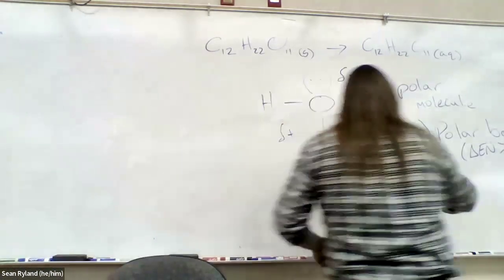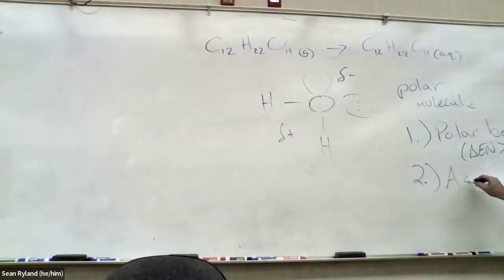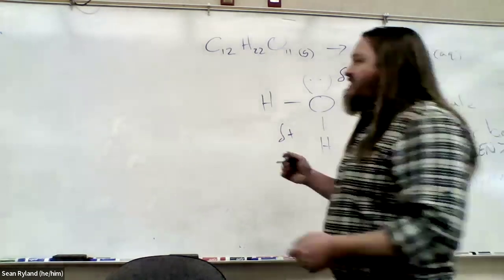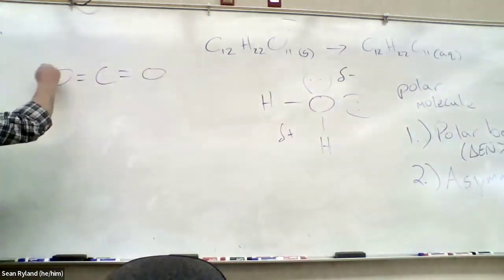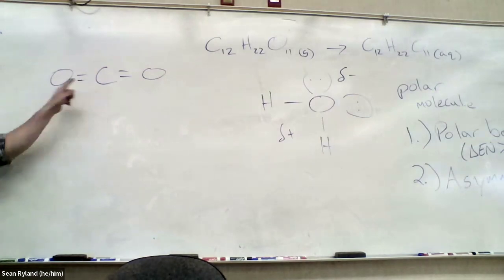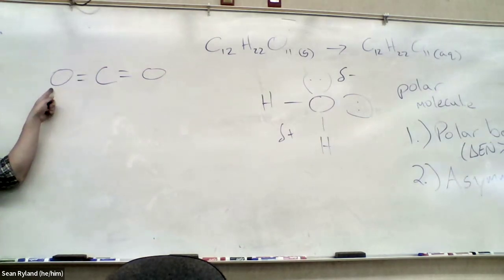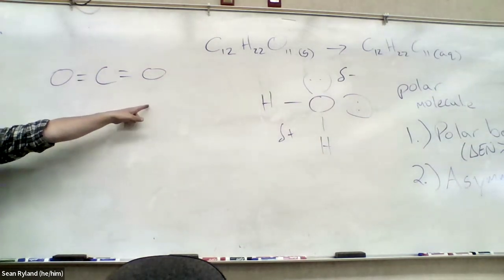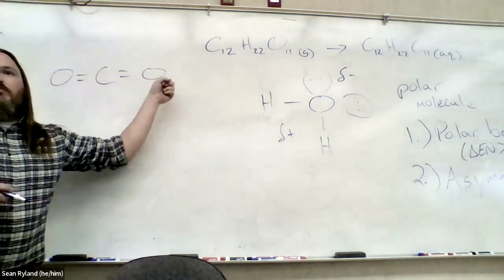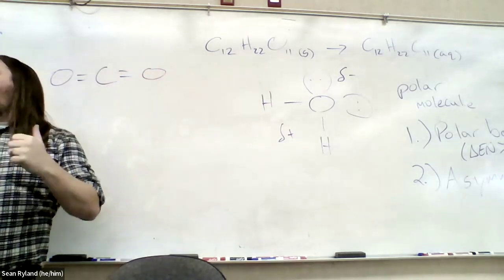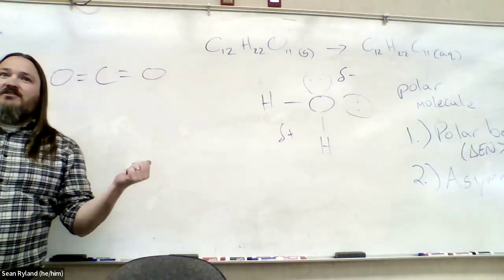Our second criterion is asymmetry, because otherwise, the classic example is carbon dioxide. Carbon to oxygen is a polar bond, and carbon to oxygen is a polar bond. But because both oxygens, even though they're both bullies, are equally strong and pulling in opposite directions.